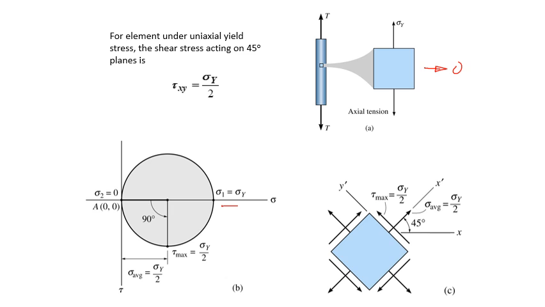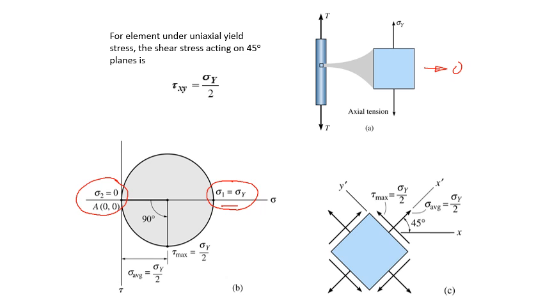Normally we take the axial direction as x. But what is of interest for us is sigma 1 and sigma 2. So we observe that when it is under tension, sigma 1 is maximum and sigma 2 is 0.